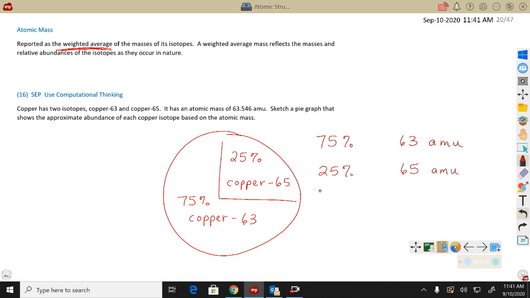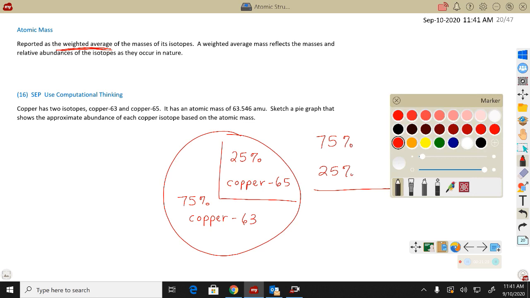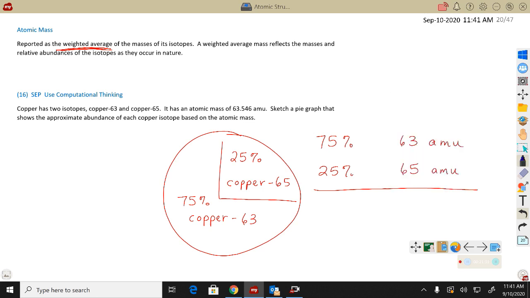Here's how we plug it in our calculator, which is what we're going to get into in a second. You take that percentage, but use it as a decimal, and then you multiply it by the mass of that individual isotope. So I'm going to use 0.75, and in my calculator, I'm going to plug in 0.75 times 63.